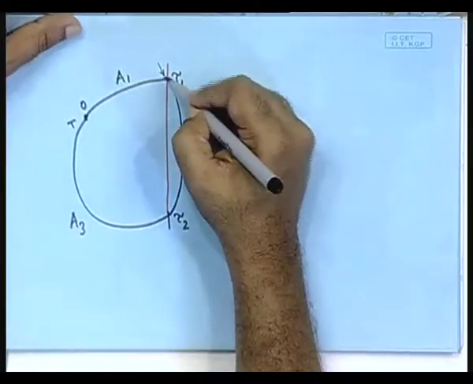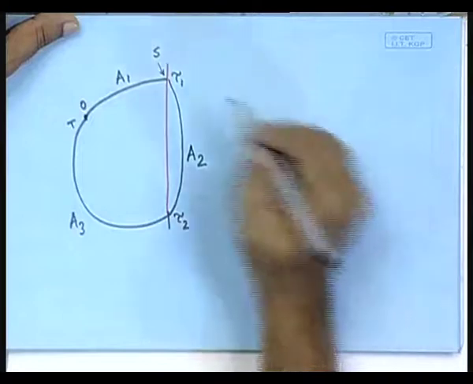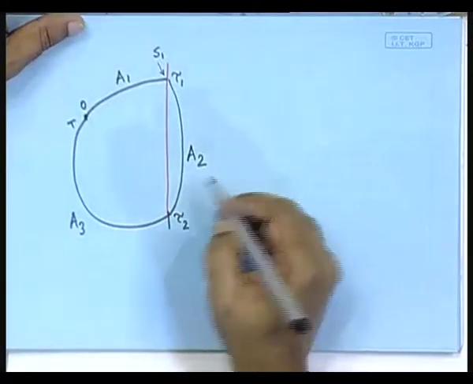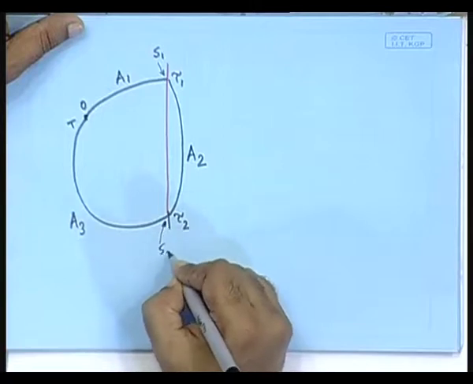Here at this point, there will be a saltation matrix, let us call it S1. Then there would be another saltation matrix at this point, S2.